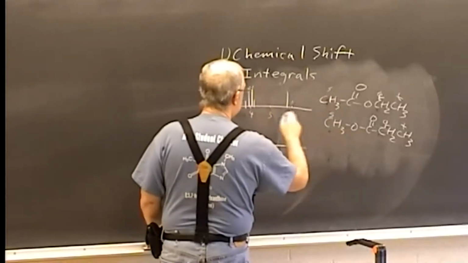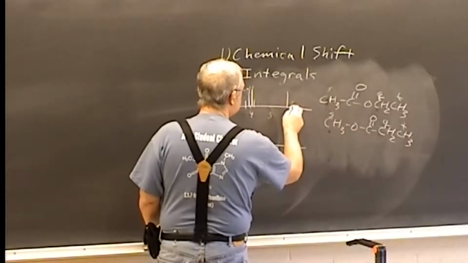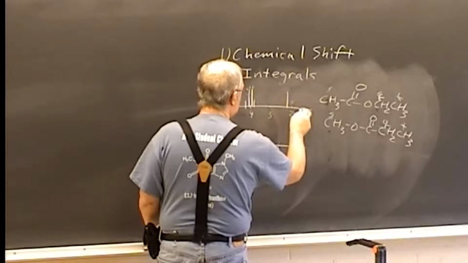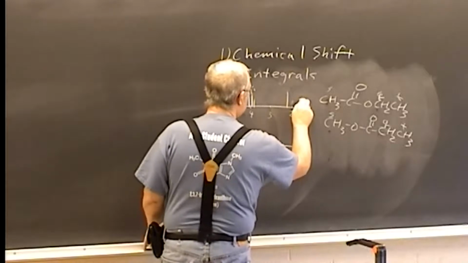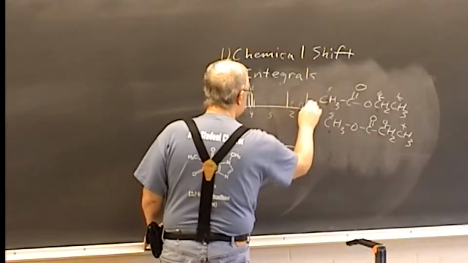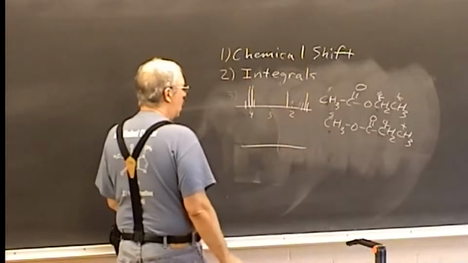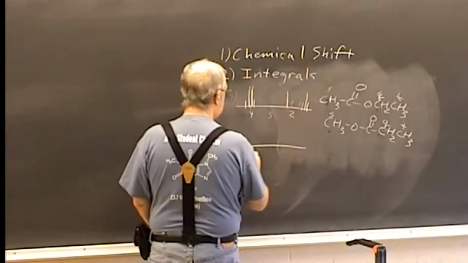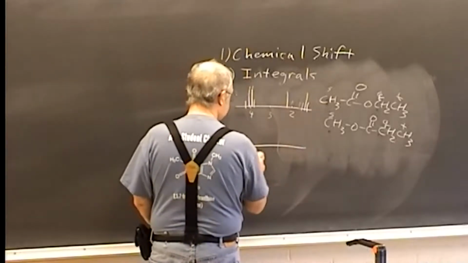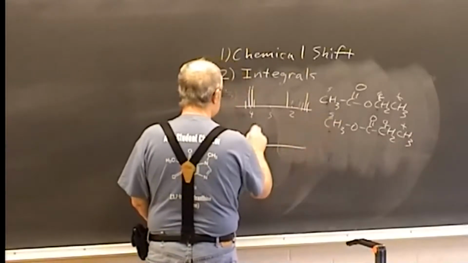And then the triplet would also be, let's say the triplet would be down here somewhere, between about 1 and 2. Okay, for the second compound, the singlet here is on a CH3 next to an oxygen.